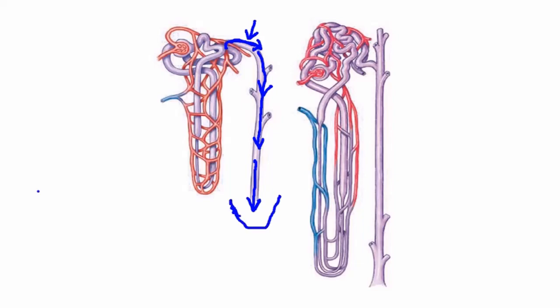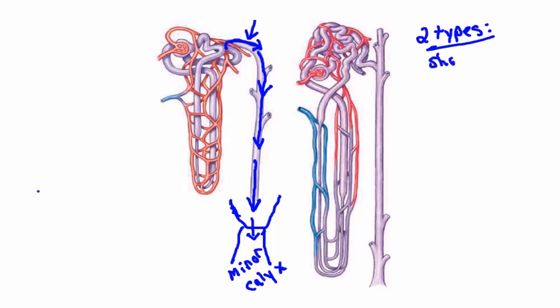Here's the bottom of the pyramid, into the minor calyx, and then out to the major calyx, then to the renal pelvis, and then out to the ureter, down to the bladder.